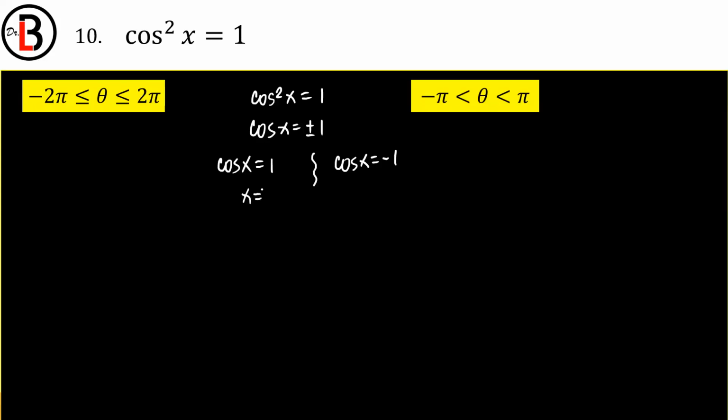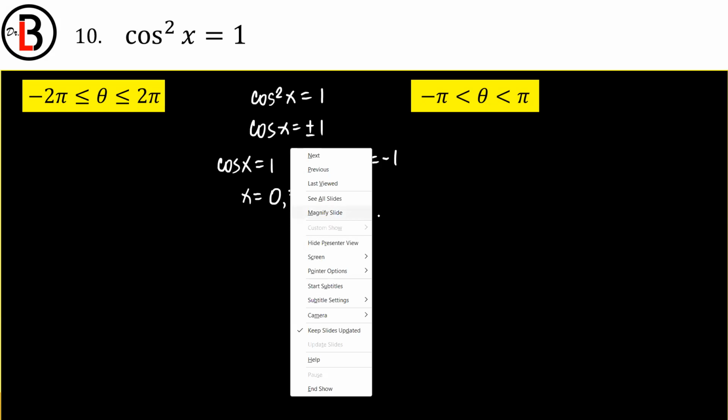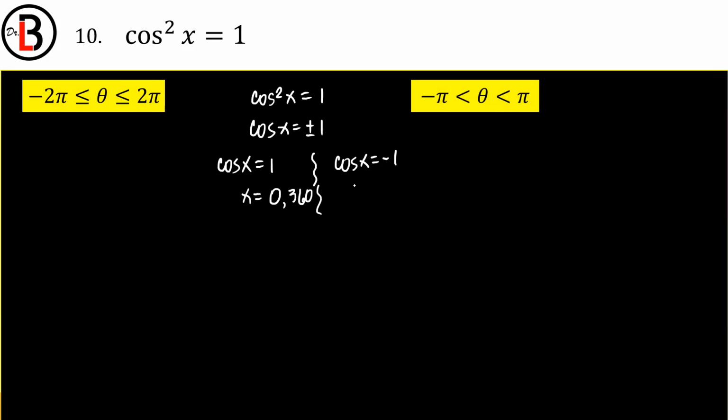Cosine is 1 at 0 degrees and 360 degrees, right? And then in here, what is cosine x equal to negative 1? 180 degrees. And what's 180 plus 360? 540 degrees, something like that.